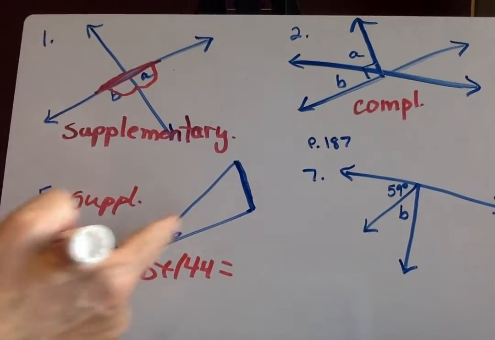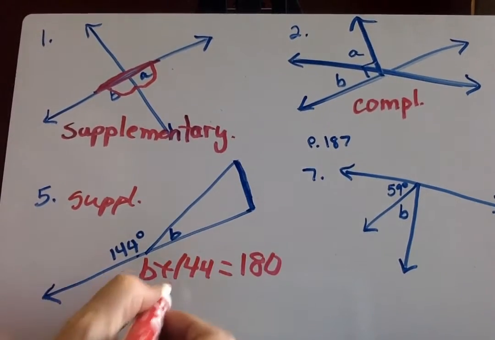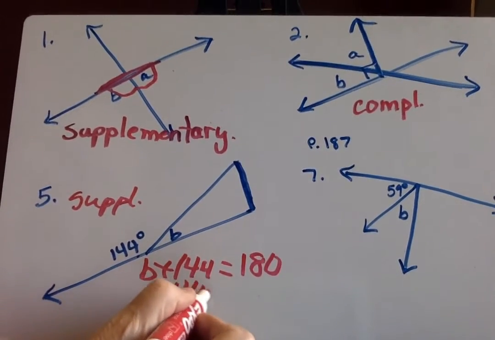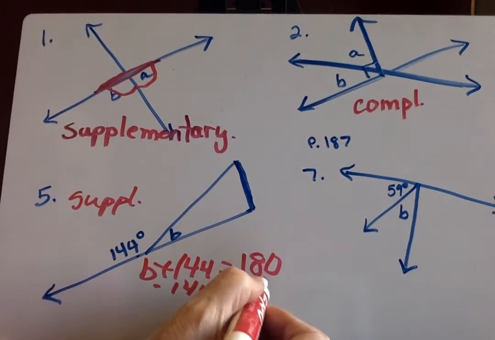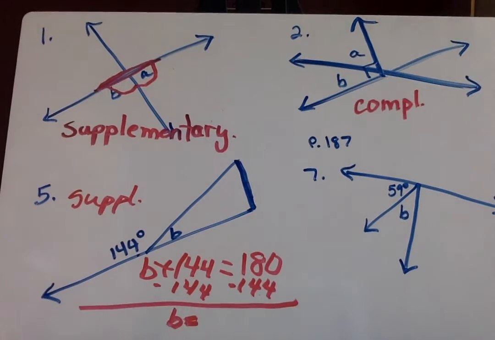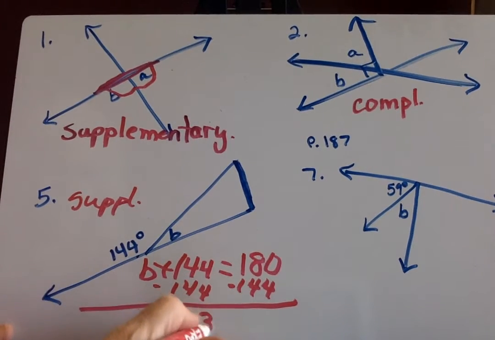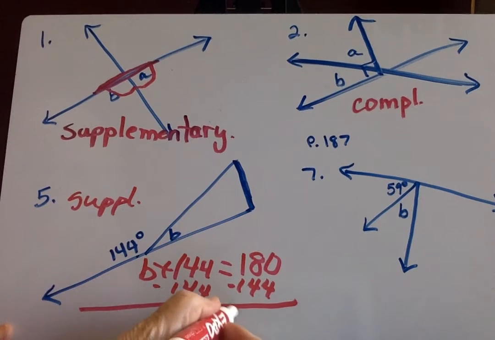Remember, a straight line is how many degrees? 180. We subtract 144, subtract 144, and we know B is equal to, handy dandy calculator, 36 degrees.